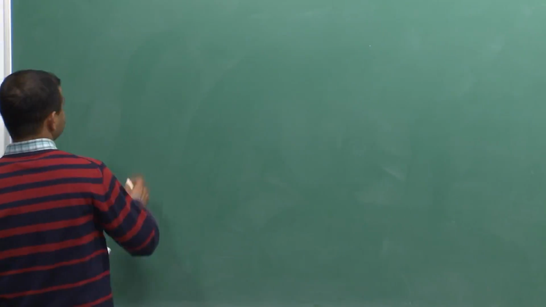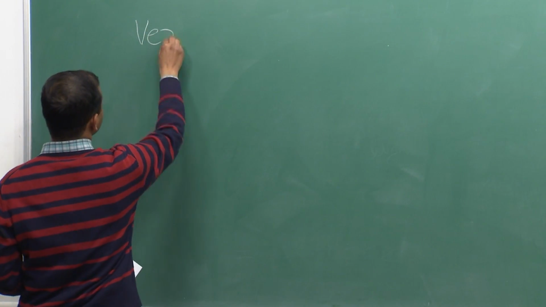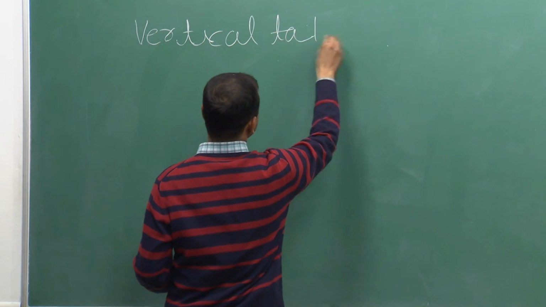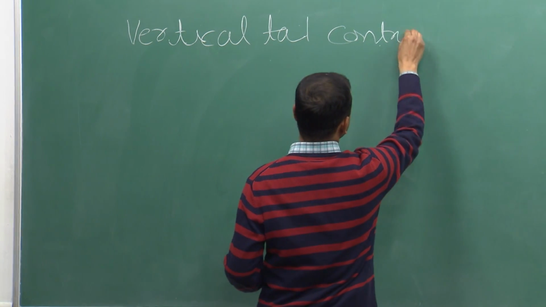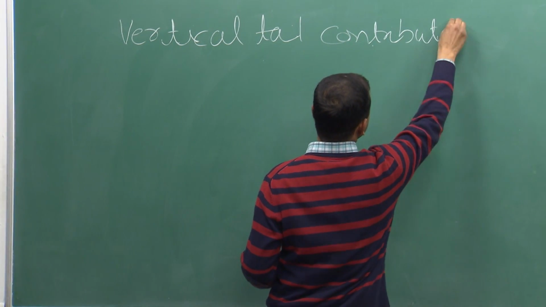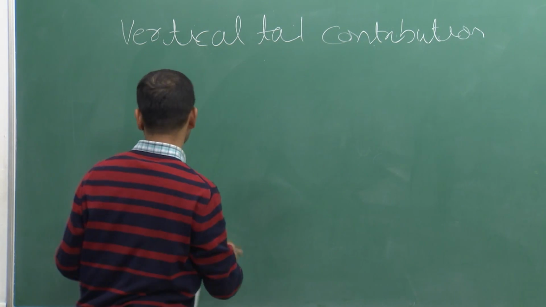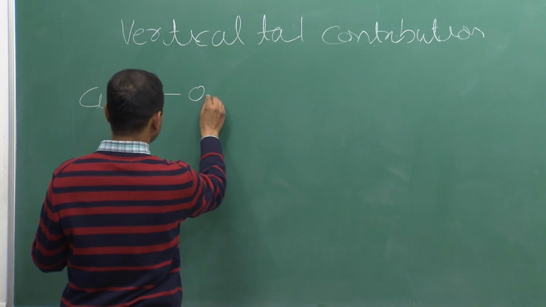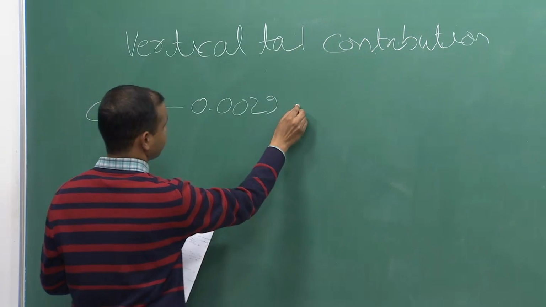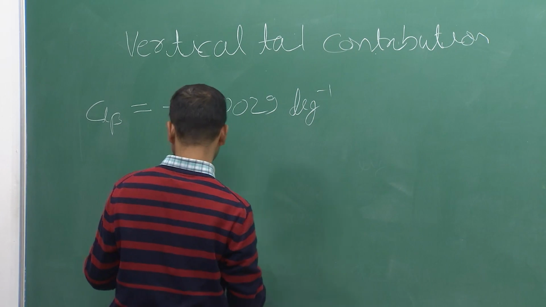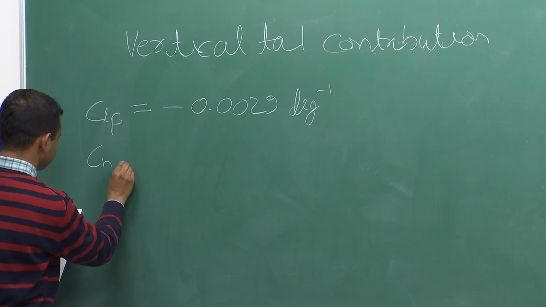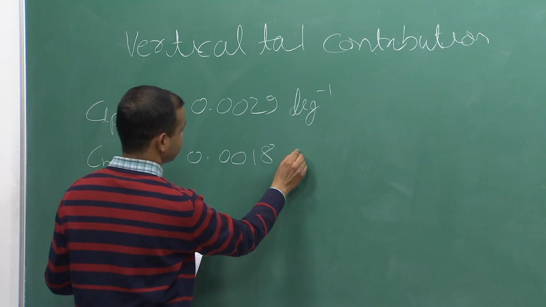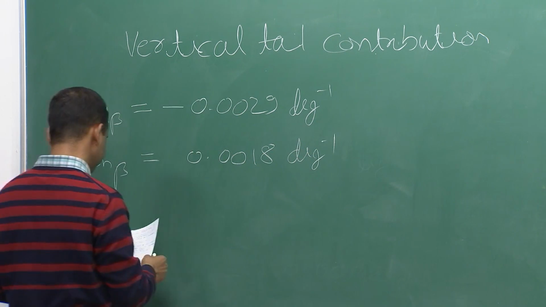For a conventional design, the vertical tail contribution for the Cl beta is minus 0.0029 per degree. The Cn beta is 0.0018 per degree.